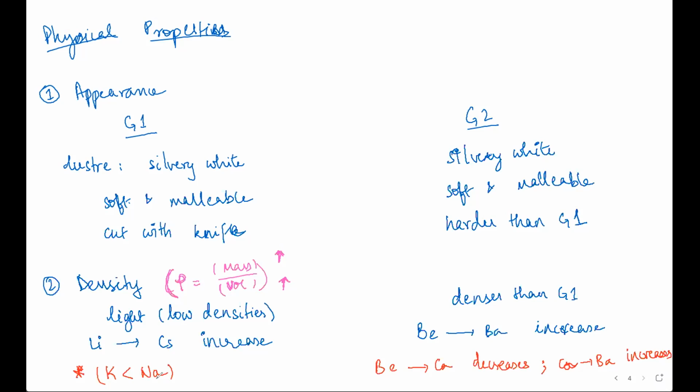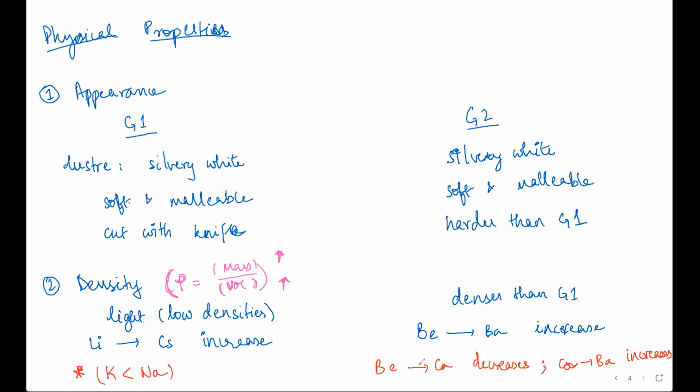Sodium and potassium is the only anomaly where, even though potassium is below sodium, the density of potassium is lower, because specifically in that case the increase in size overweighs the increase in mass. Otherwise, numerically, if you compare the size and mass of lithium and cesium, density should increase.